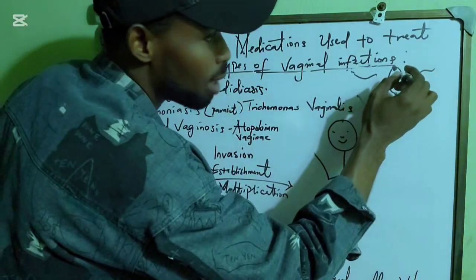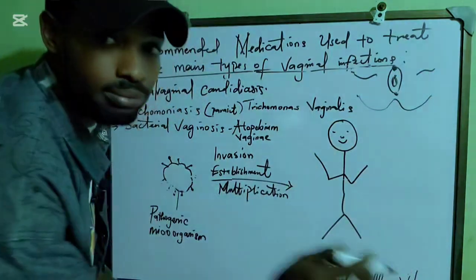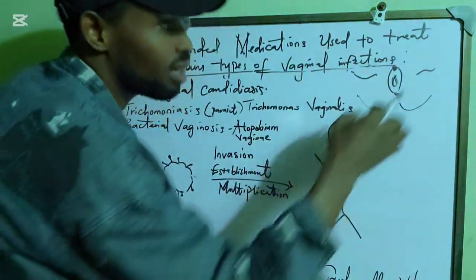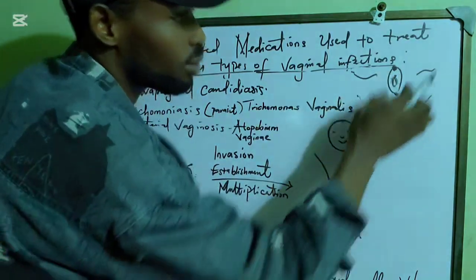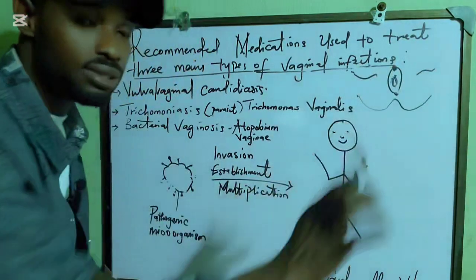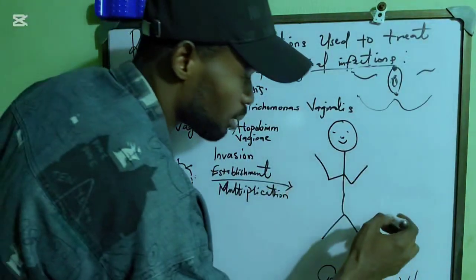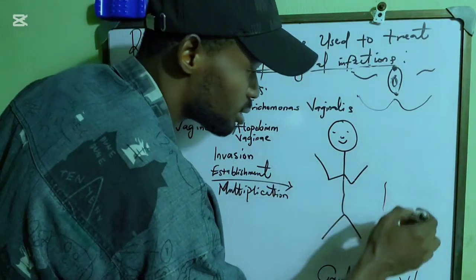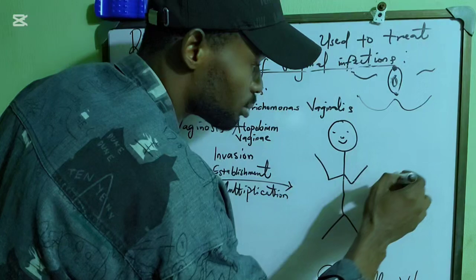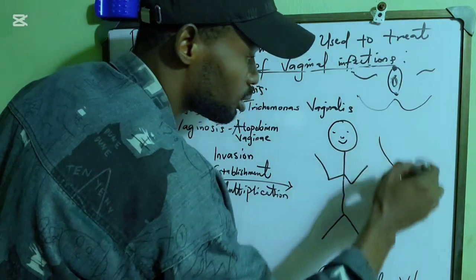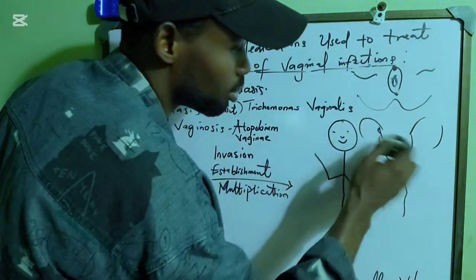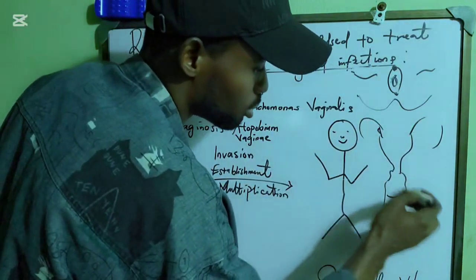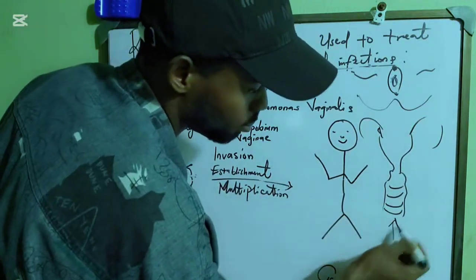So your labia majora, your labia minora, all these things outside, the ducts around the vagina, all these things outside are called the vulva. They are outside. Now, the vagina is the one that goes in like this into the uterus. So this is the vagina here.